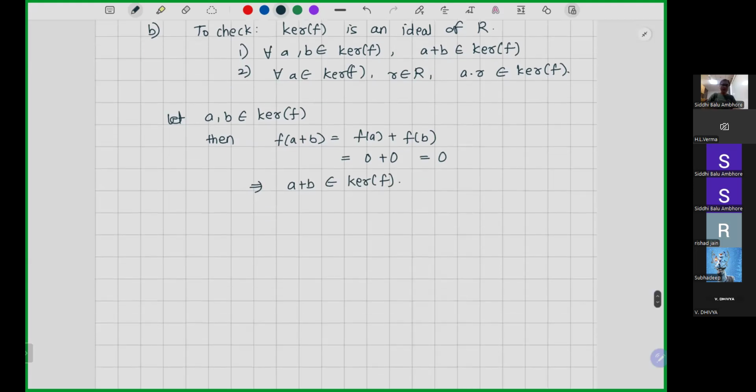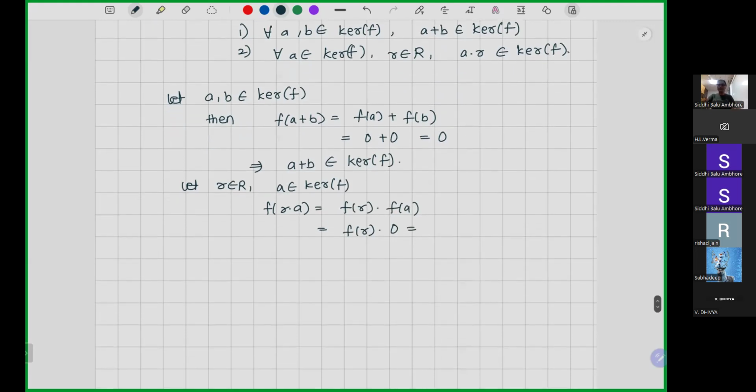Okay. And similarly, if I take any r in R and a in kernel F, then what is F of r times a? It is F of r times F of a. But what is F of a? Doesn't matter what is F of r, but what is F of a? It is 0. So 0 times any element of a ring gives me 0 again.